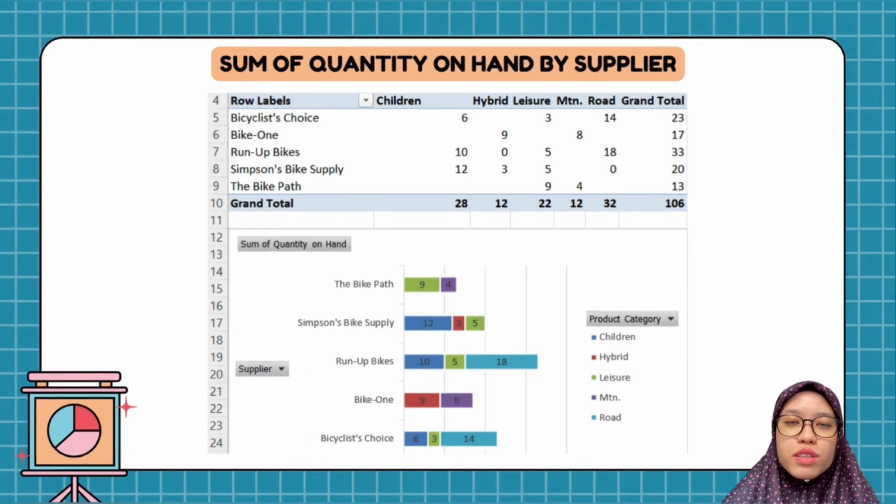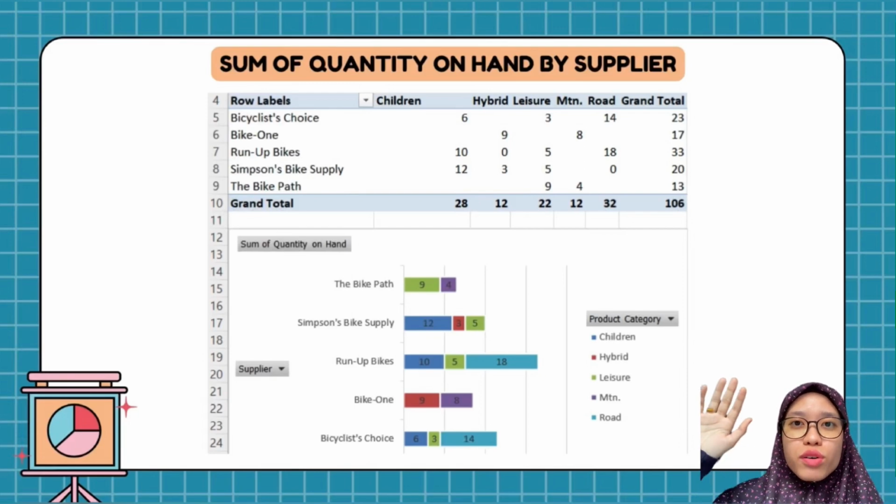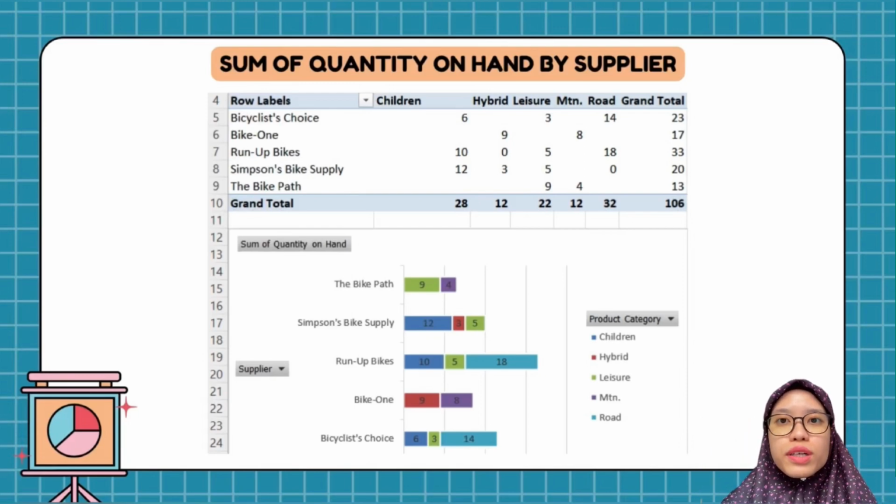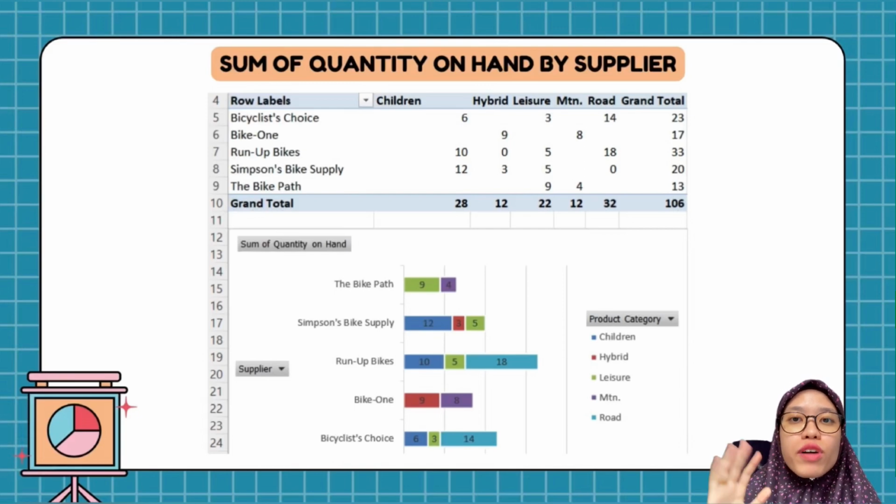We have generated a total of 3 pivot tables and charts. The first pivot table is for the sum of quantity on hand by supplier, and in this table you can see the name of the suppliers on the rows and also the categories on the columns. The grand total of the stocks is 106 bicycles, made up of the stocks from 5 suppliers.